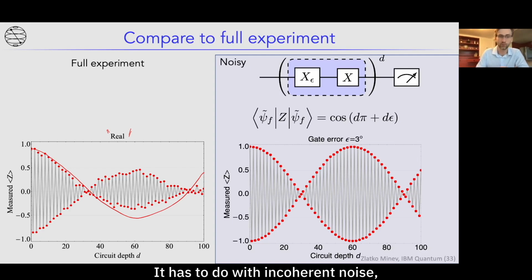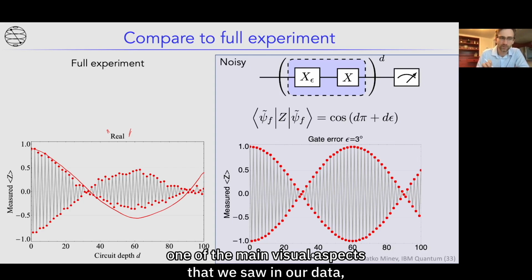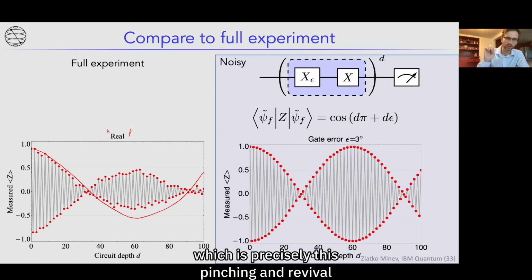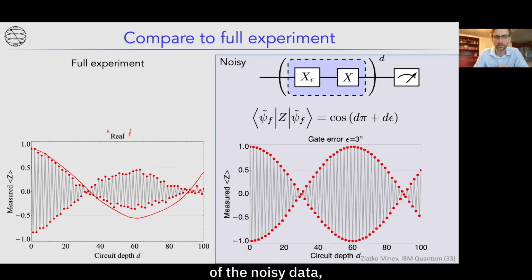It has to do with incoherent noise. But overall, we've been able to reproduce one of the main visual aspects that we saw in our data, which is precisely this pinching and revival of the noisy data. And it happens that in this case, in fact, our gate was purposefully miscalibrated to about a 3-degree angle over rotation. So that's exactly what we see here.